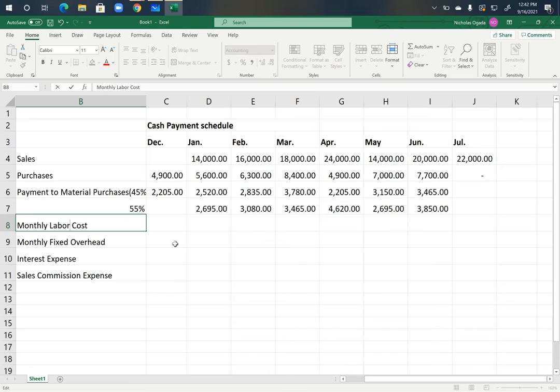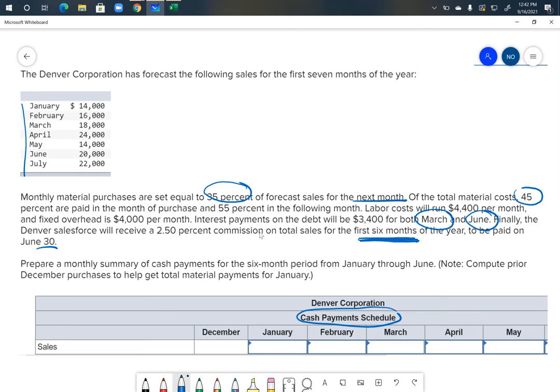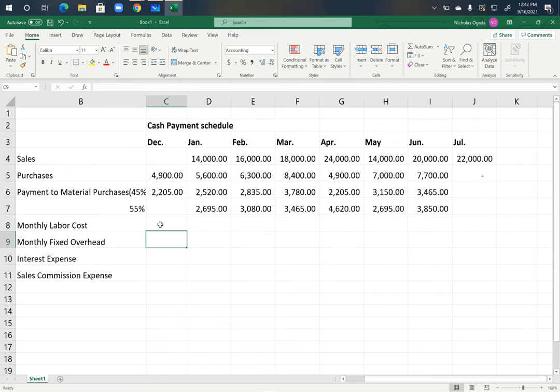In terms of labor cost, this should be labor cost, not labor. Sorry, this should be labor cost. What we are given is that the labor cost will run 4,500 per month. So our labor cost in December and in January was just 4,500.